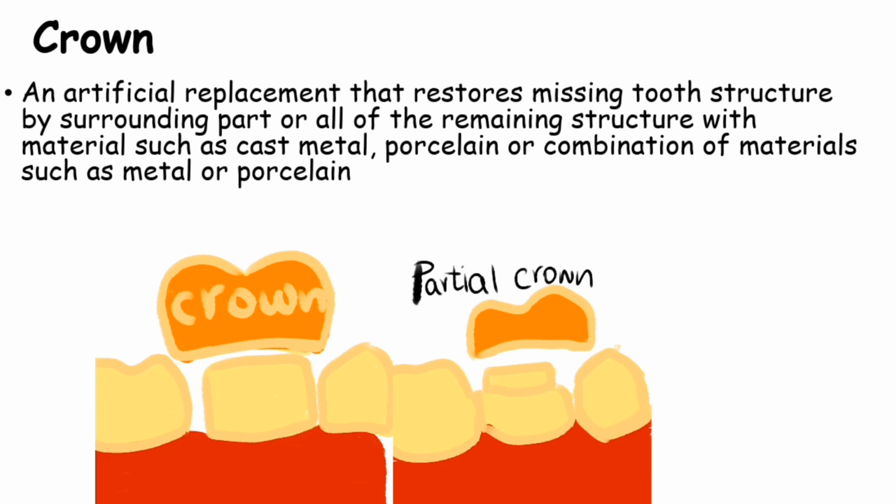In the picture below you can see a crown, and you can also see a partial crown. A crown completely and entirely covers the tooth which is being prepared for it, while for the other one, only a part is prepared to be covered. That is the partial crown.